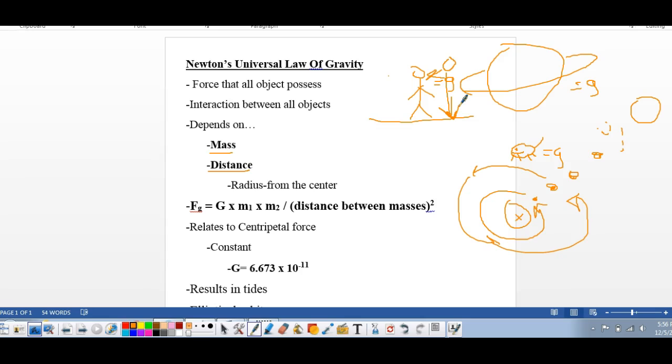The gravity of the Earth is so much greater because the mass of the Earth is so much greater. And then also, an important thing to remember about gravity is distance, how far apart two objects are. So when we're calculating the gravity of the sun, from the Earth out to here, the distance is 93 million miles.